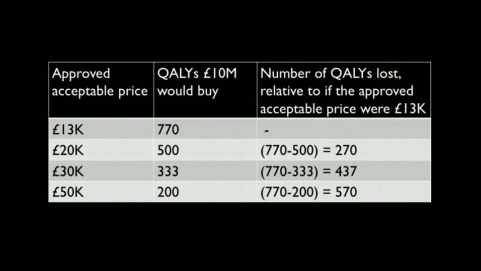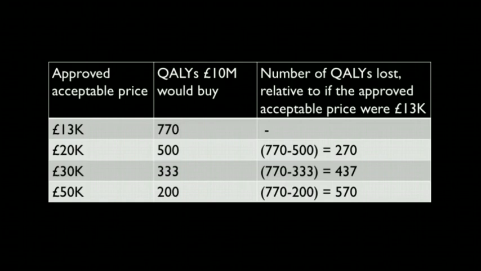The most stingy situation I've given you is the UK saying we're not going to buy drugs for anybody unless the price is £13,000 or less for a QALY. So the more generous they become, effectively they're giving up some QALYs.